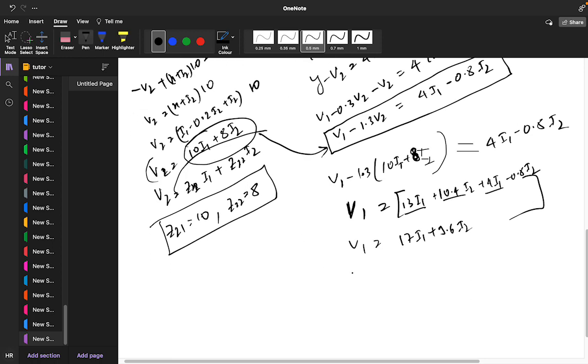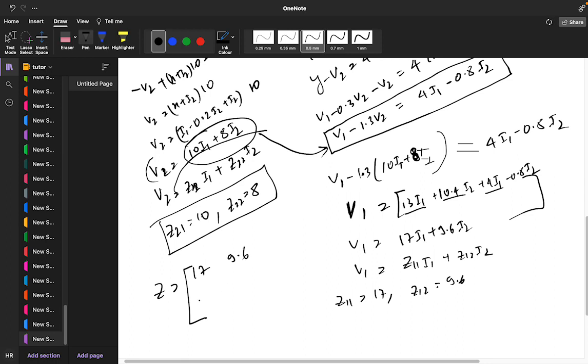This is the same as V1 equals Z11 I1 plus Z12 I2. So we got Z11 equal to 17 and Z12 equal to 9.6. So you got the Z parameters: 17, 9.6, Z21 is 10, that is 8.